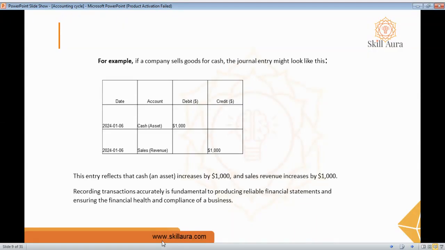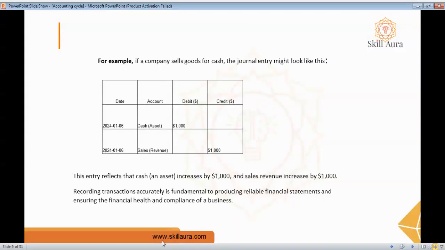So it should be balanced by using this accounting equation. Here the asset is the cash, and the liability and equity side here will be sales. So we have to balance both. The debit amount will have 1,000 rupees and the credit amount will have 1,000 rupees, so it will be equally balanced.